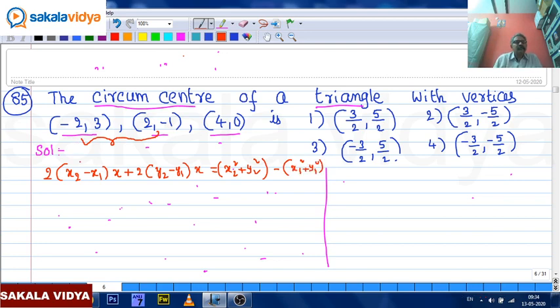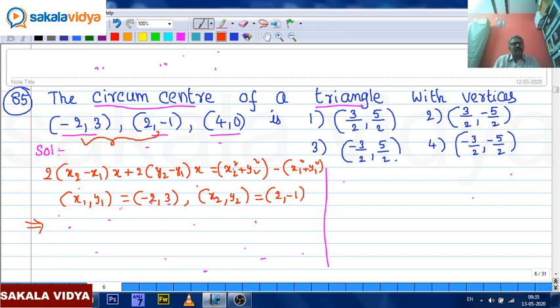So, here x1 comma y1 equals minus 2 comma 3 and x2 comma y2 is equal to, let us say, 2 comma minus 1.